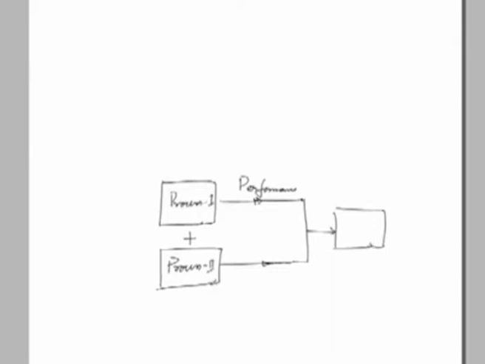Then if we add one more process, say process 2, to this, what we can have is the combined effect of these two, and we can get the net performance of both the processes, and this naturally gives a better result.